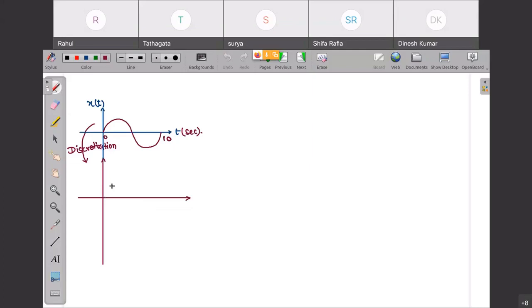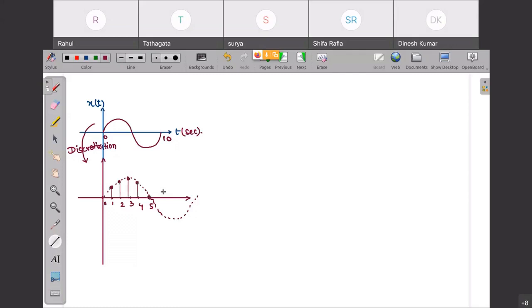Rather, I want it defined at some integer values of time, like at 0, at 1 second, 2 seconds, 3 seconds, 4 seconds, 5 seconds, something like this. My diagram is not that proper, but basically I want specific samples at integer values of time.